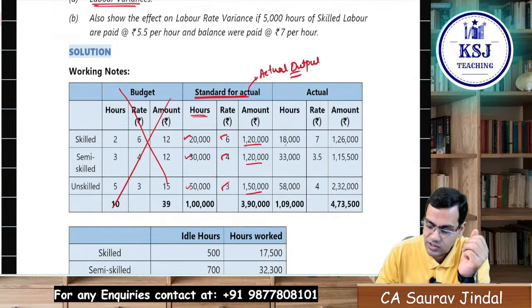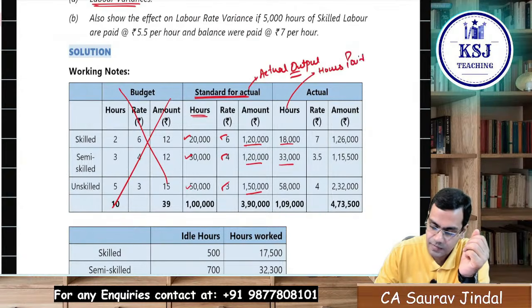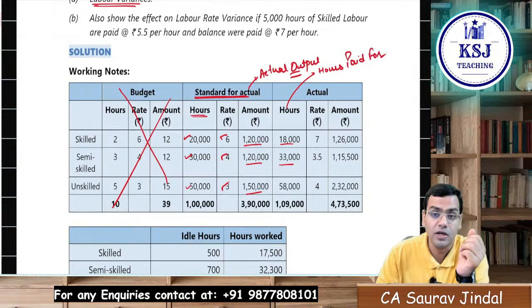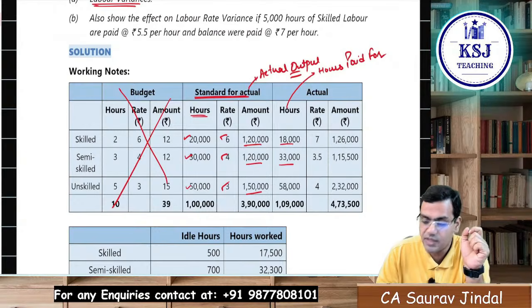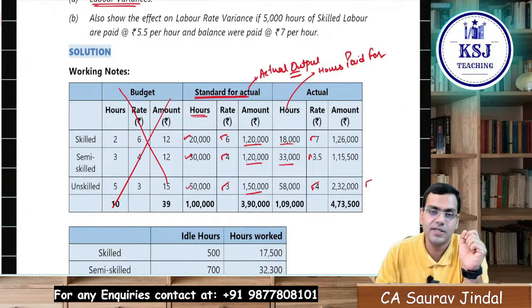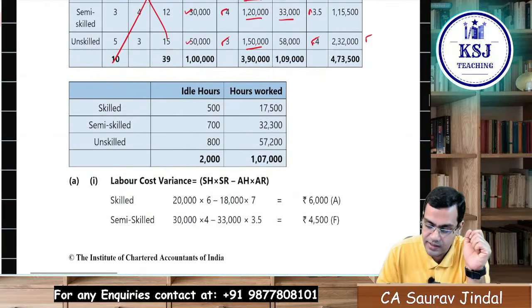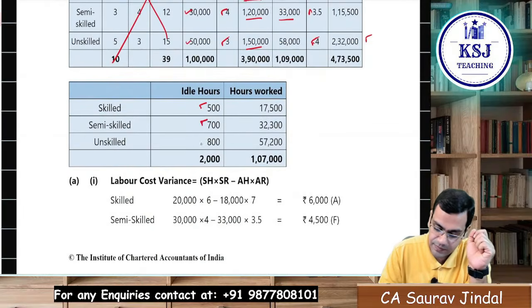Then the actual data is given. Now when you talk about this hours, this is hours paid for. You have actually paid for 18,000, 33,000 and 58,000 hours. The rate is given and the amount that you have paid is given. Then the next column that they have taken is idle hours.